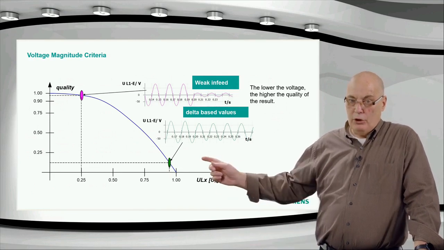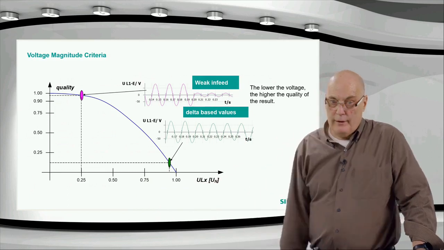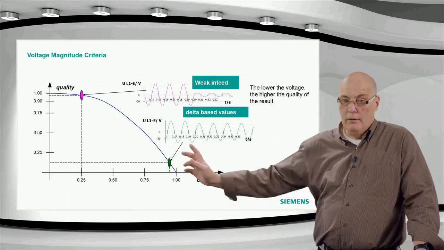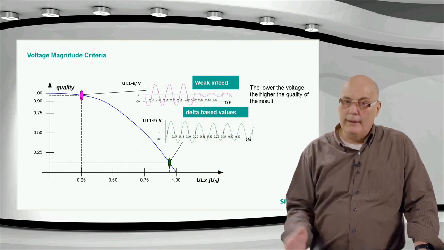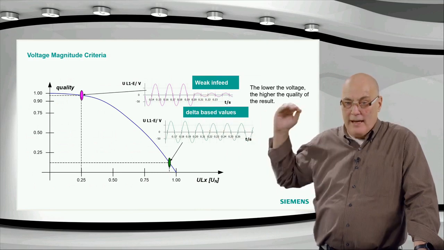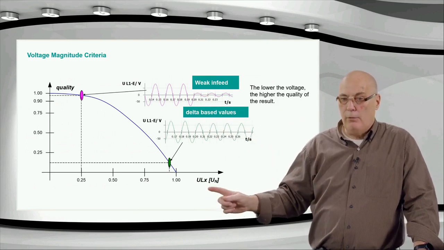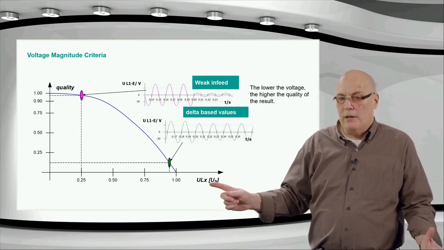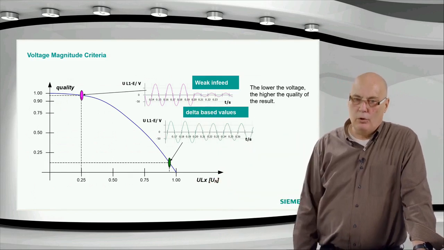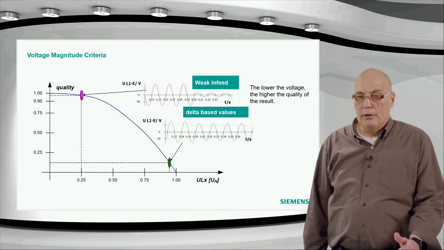If, however, the voltage drops down to a very small value, all the way down to 25% in this example, from full voltage 1 down to 25% voltage, then it is a strong criteria, and it'll give you a quality of almost 1 to say this phase must be faulted. This is clear. If this is the A phase voltage, then the A phase must be faulted. Otherwise, the voltage on the A phase would not drop to 25%. The voltage criteria is strong.